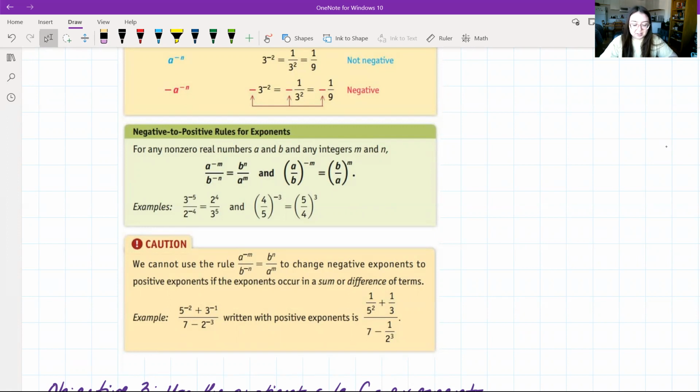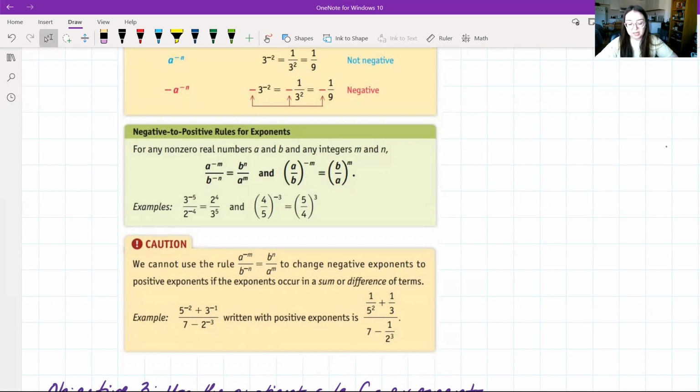And another word of caution, we cannot use the rule a to the power of negative m divided by b to the power of negative n is equal to b to the power of n divided by a to the power of m to change negative exponents to positive exponents if the exponents occur in a sum or a difference of terms. So if we have addition or subtraction going on, we can't use this rule.